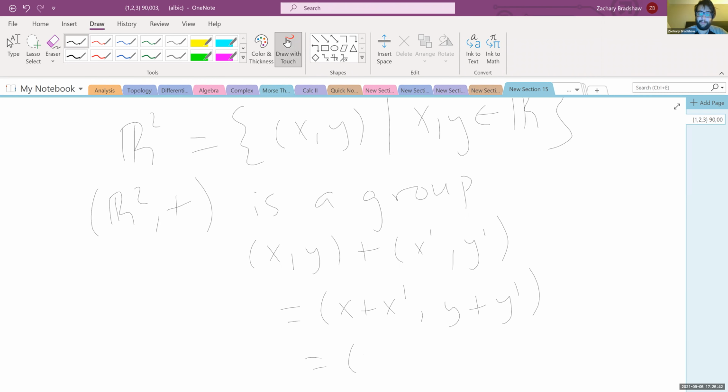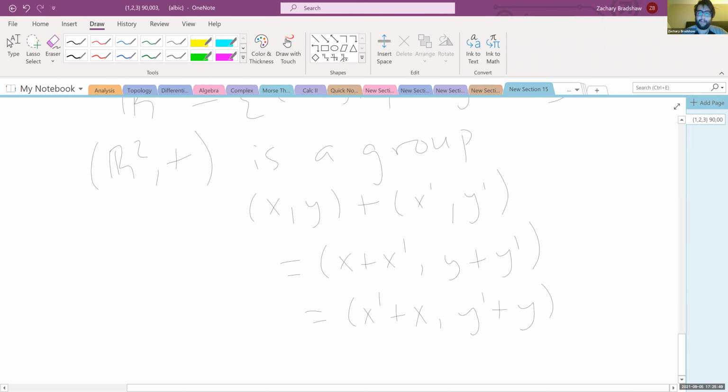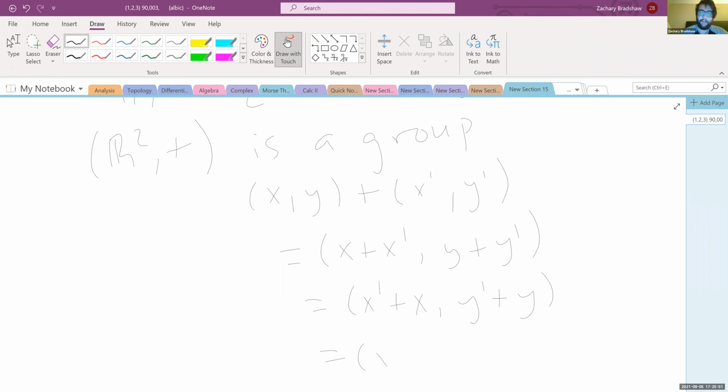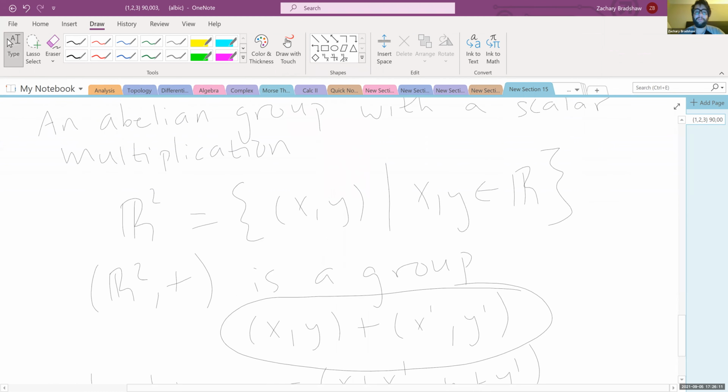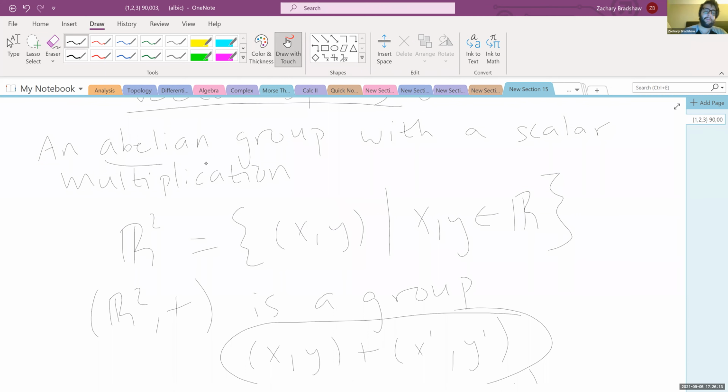This is the same as x prime plus x, y prime plus y, and then I can take it apart again: x prime, y prime plus x, y. So adding this way is the same as adding this way. So essentially, commutative just means a plus b is equal to b plus a. And if you are a mathematician, then you call a commutative group an abelian group. So abelian is synonymous with commutative.